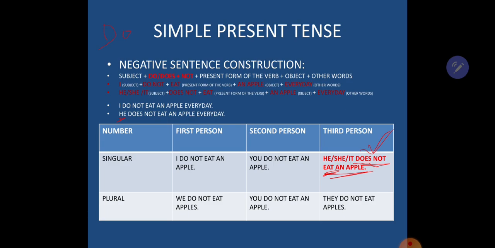He, she, it does not eat an apple. In first person plural, we do not eat apples. Second person plural, you do not eat apples. Here, everyone cannot eat one single apple. And third person, they do not eat apples. I hope you understood the negative construction of the simple present tense.